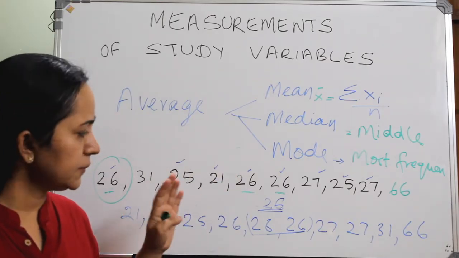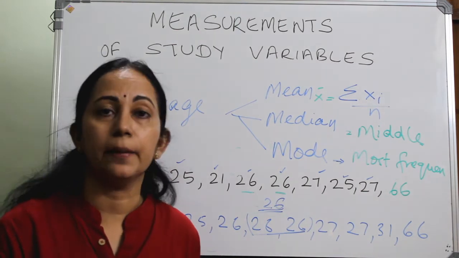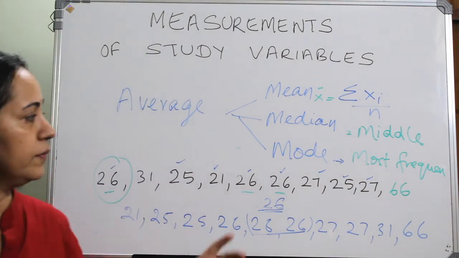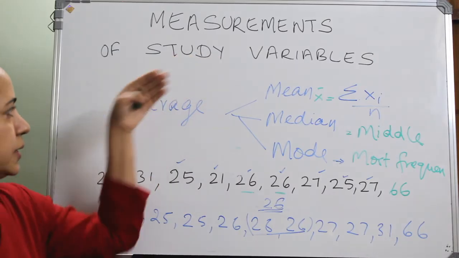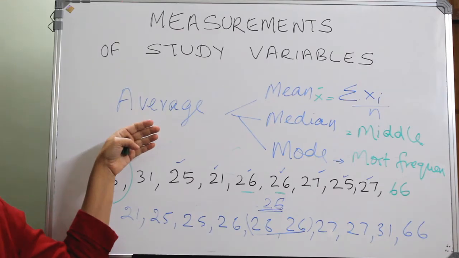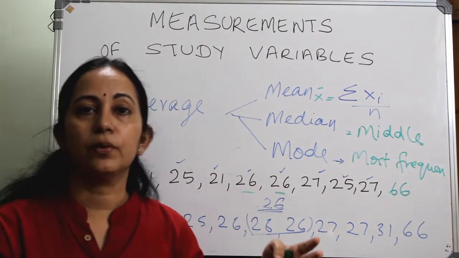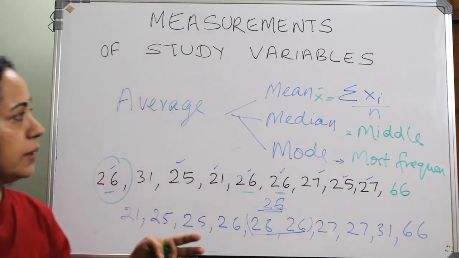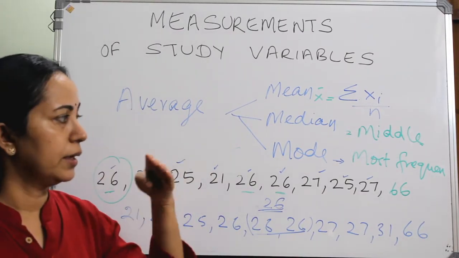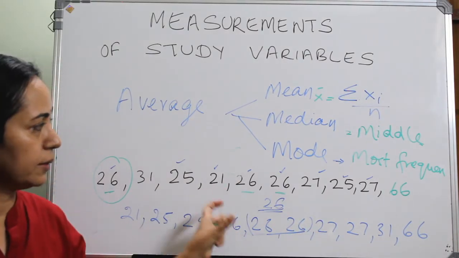And in epidemiology, when we want to describe an epidemic in relation to time, we again use mode. So these are the averages, one type of measurement of a study variable. The mean, that is the sum of all variables divided by the number of variables. Median is a middle one. You do it in an order, ascending or descending, and take the middle value.